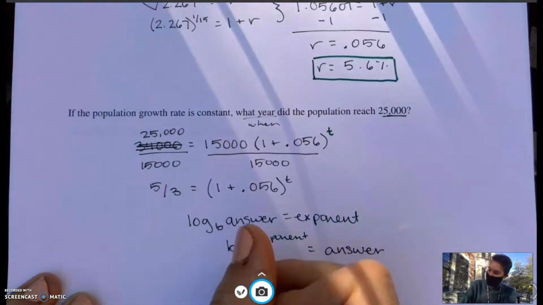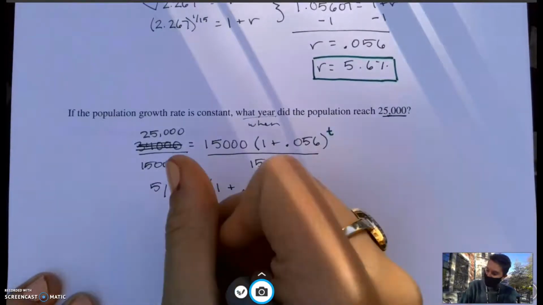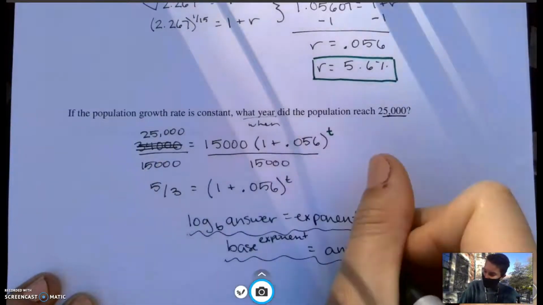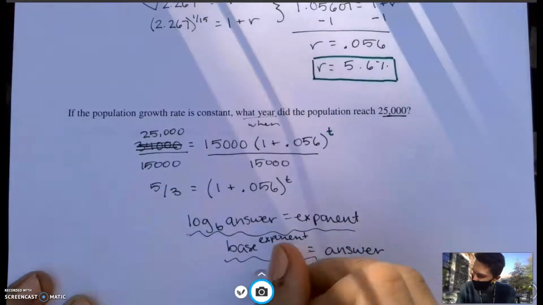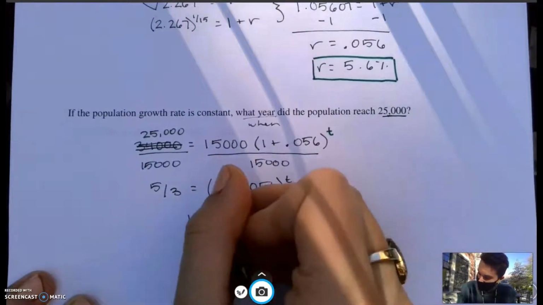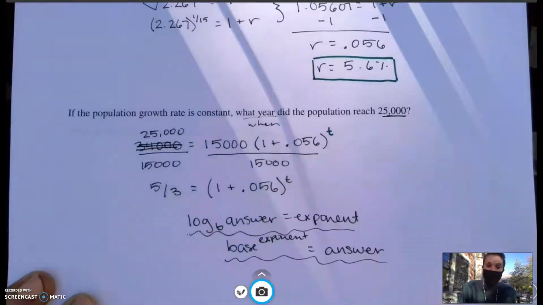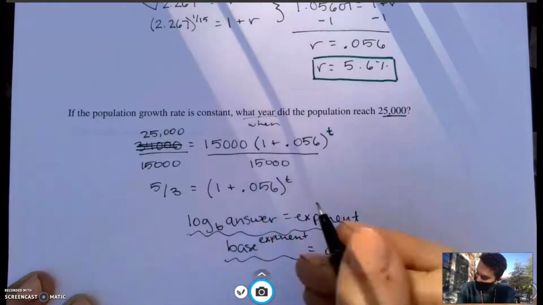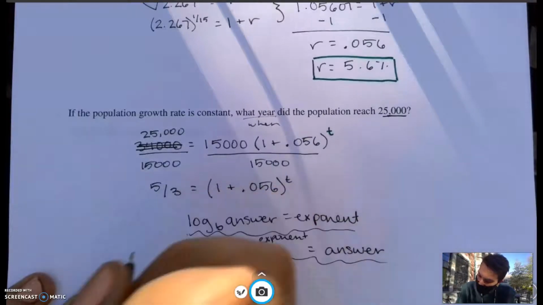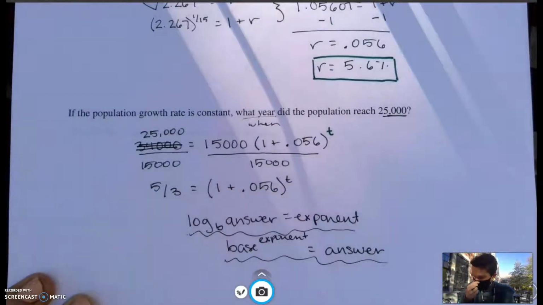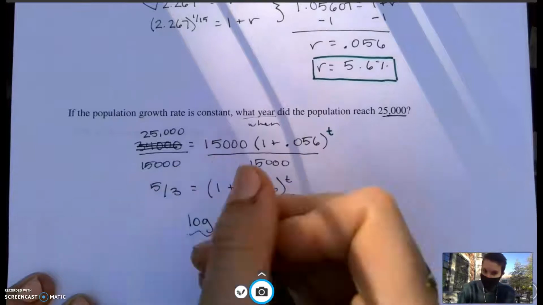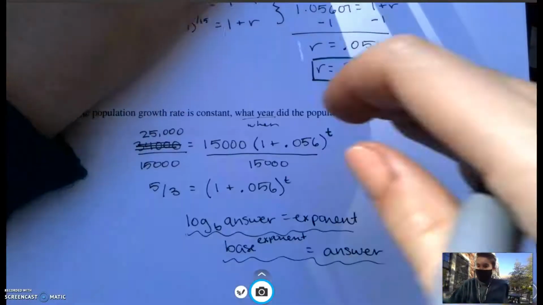In this case, we're in this form, and we want to rewrite it in this form. In this form, where we are right now, our base is actually 1 plus 0.056, or 1.056. Our exponent is t, and our answer is 5/3.